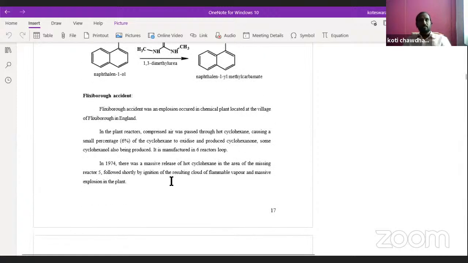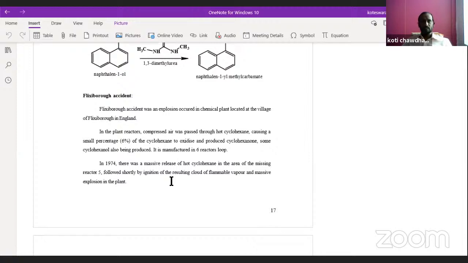Next, the Flixborough accident. This accident was due to high pressure cyclohexane tanks. It happened in England, in the village of Flixborough. There were large pressurized tanks stored in Flixborough. The tanks contained cyclohexane. That cyclohexane is oxidized to cyclohexanone and cyclohexanol.